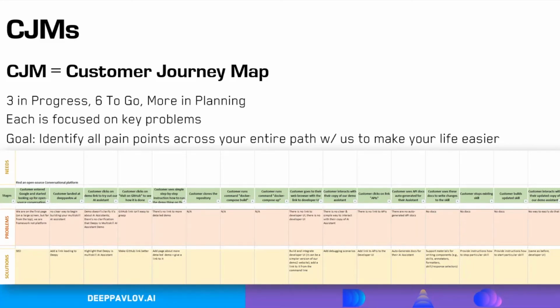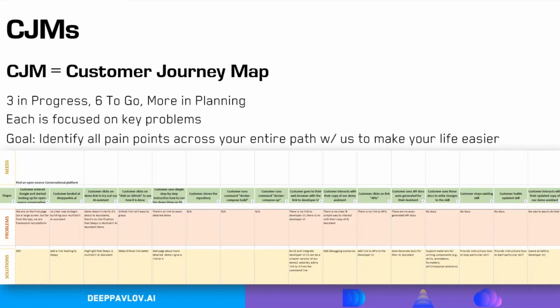So customer journey maps is a modern technique that is used by different product managers across the world. The idea is very simple. We start with the needs of our customers, which in this case are you developers. We then look at stages that you should go through to fulfill your need.